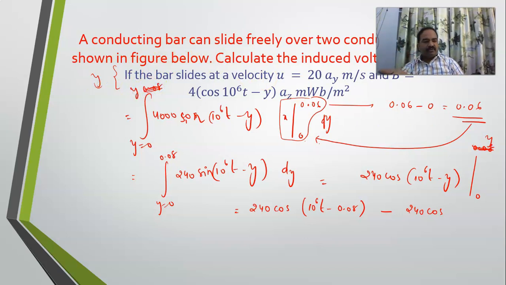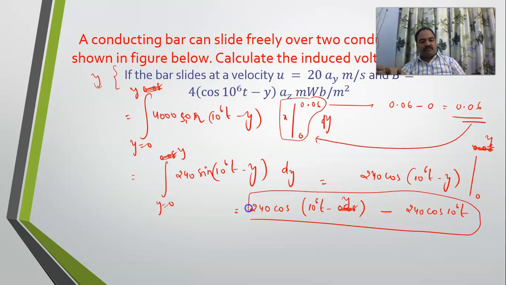If it is at 0.08, you can do it for 0.08, otherwise you keep it as y itself. Sorry, I forgot that there was no y given actually in this problem. Okay, so this is the positive side.